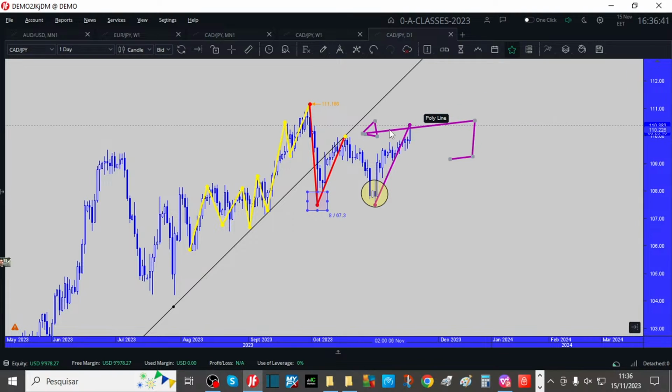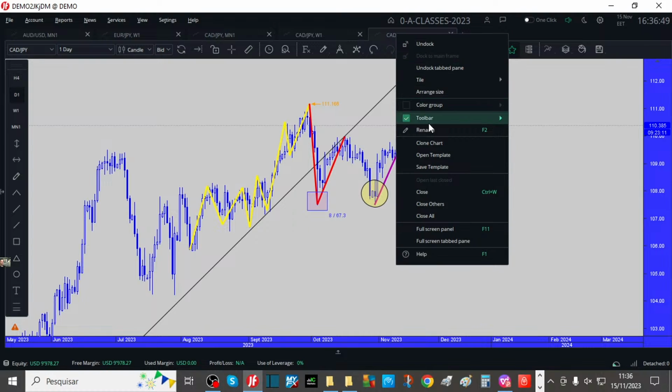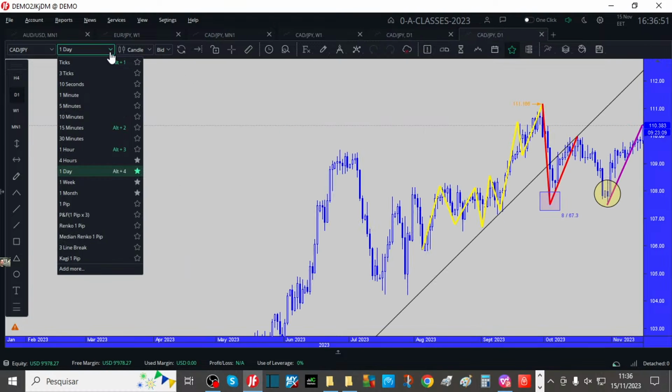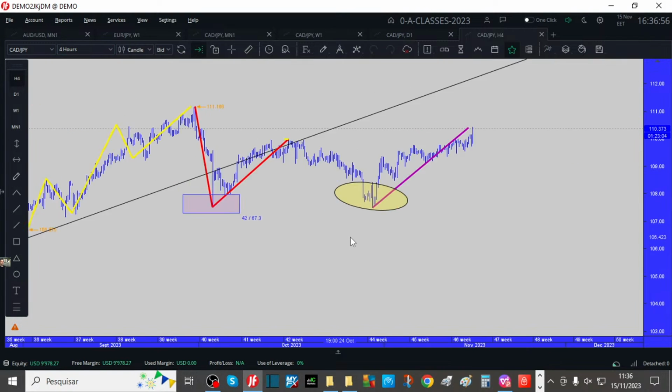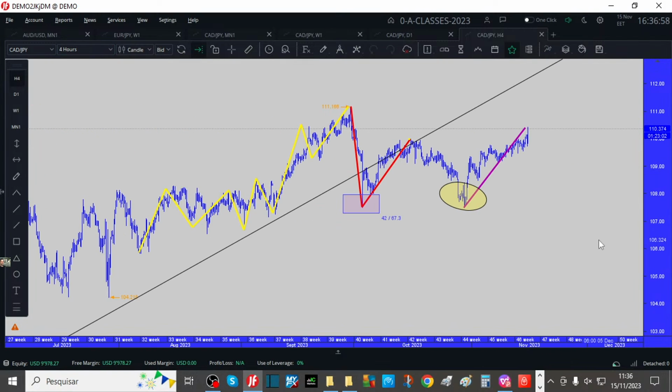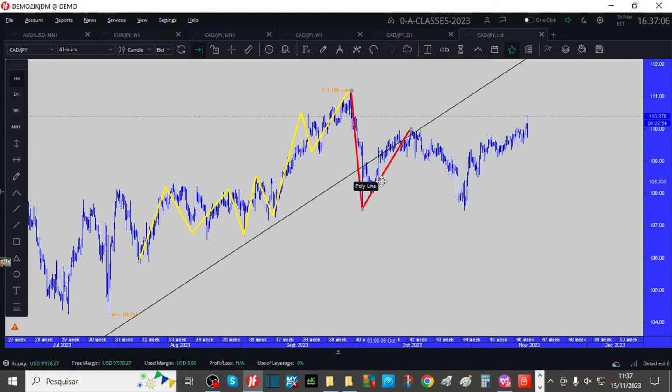The coin is the market, but you have bears and you have now bulls. Now, you are going to clone the chart and go to the 4-hour chart. Zoom out, and I'm going to get out of this one, this one, this one, and I'm even going to get out of this one.